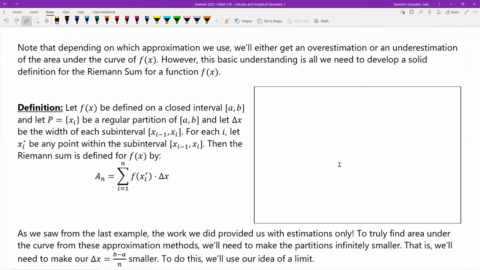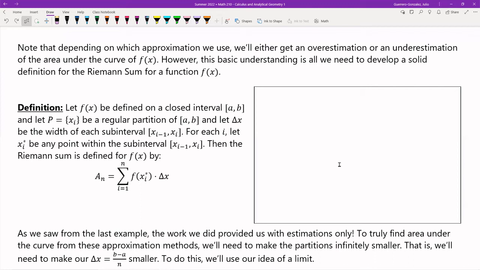There's always that little bit in green that I was highlighting that we never counted. Make sense? So this is how we're going to be getting rid of that idea of an over or underestimation.